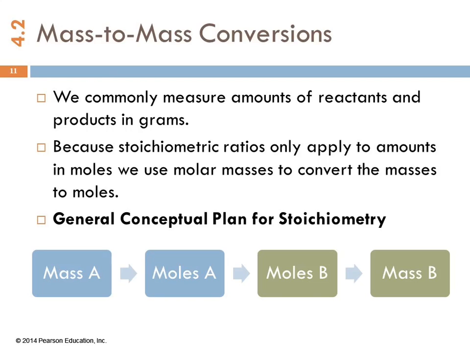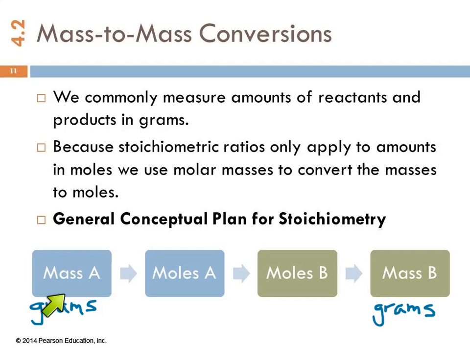So here's our general conceptual plan for stoichiometry. Usually we measure things in grams, but it doesn't have to be grams. So here we have Dora the Explorer, and her little chant is going to be the same.